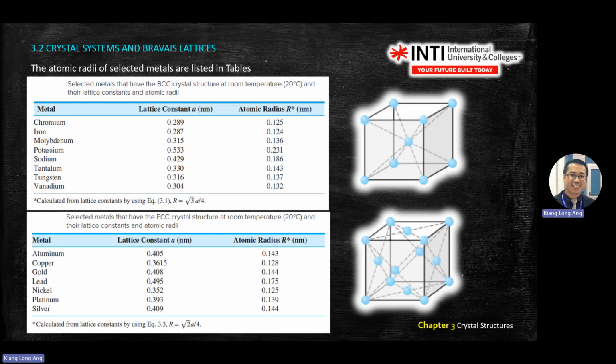Your answer, you write like this: refer to appendix A, with A equals 0.299, R equal to 0.125. This is crystal structure BCC, and the element is chromium. Or you get something near to this number, something near. Okay. This is how you prove your value, and the application of this value.